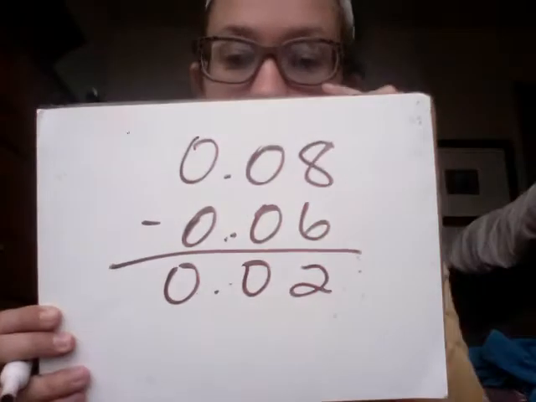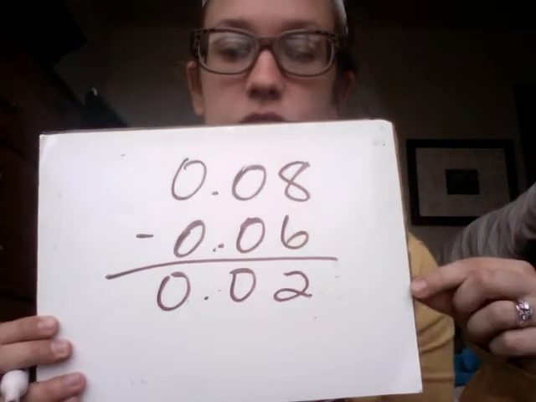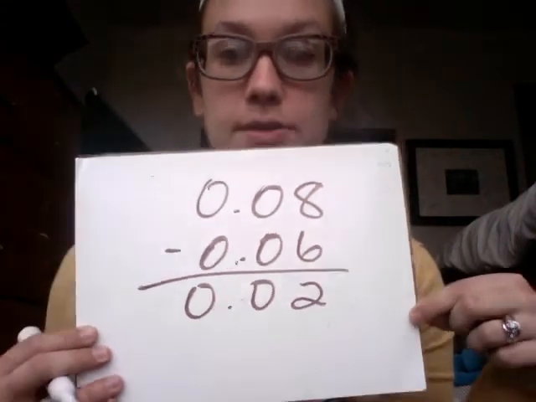As always, I like to show you what this looks like written out too. So this would be 8 hundredths minus 6 hundredths. 8 hundredths minus 6 hundredths equals 2 hundredths.